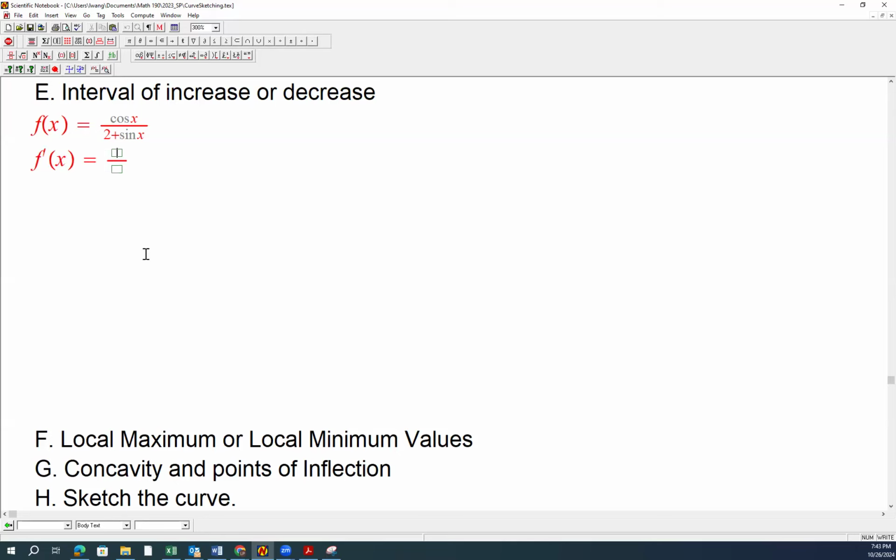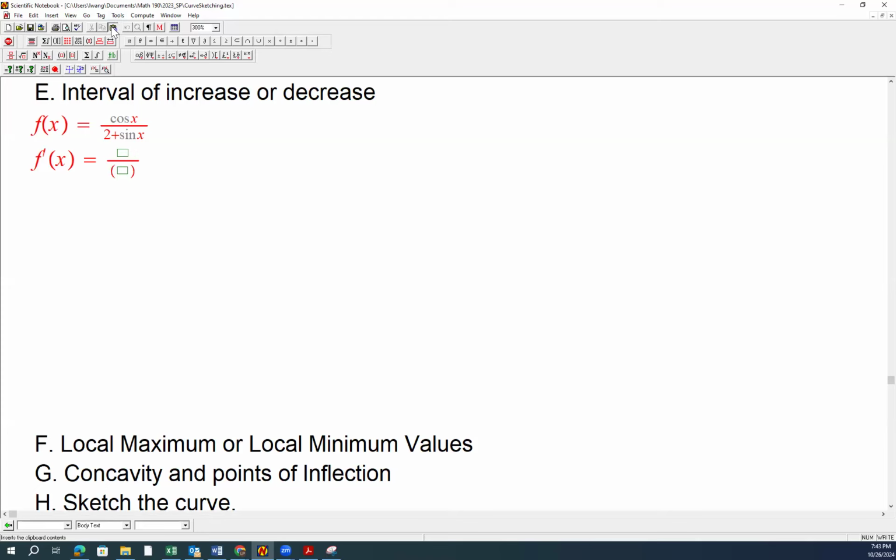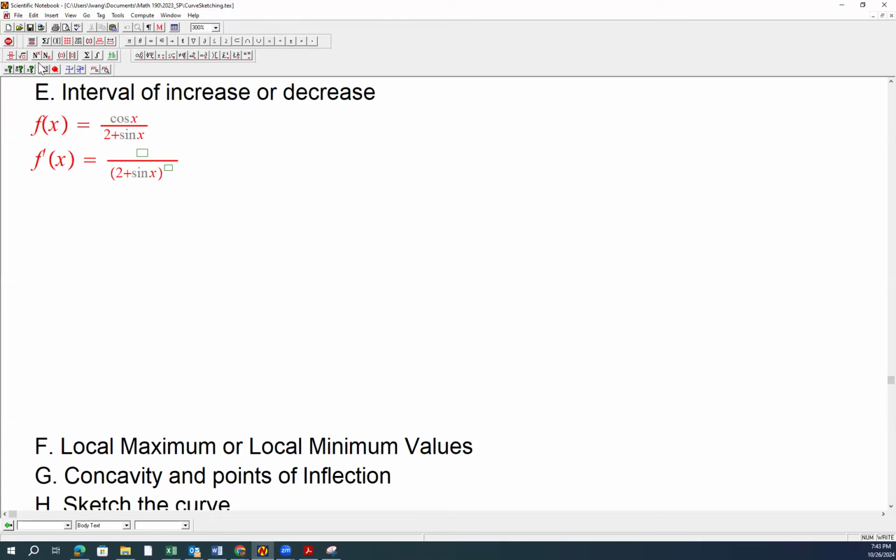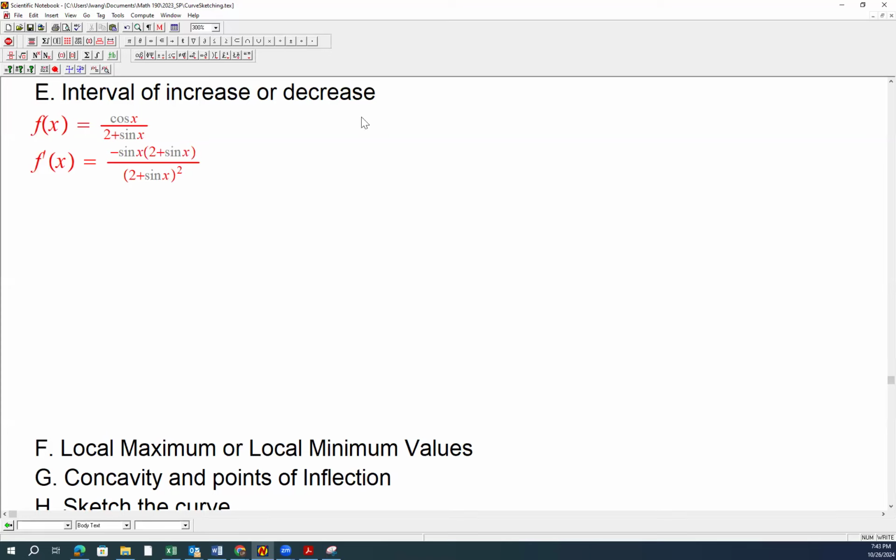Quotient rule. Okay. And so 2 plus sine x, squared. Differentiating cosine x gives negative sine x, multiplied, right? Subtracting, we're going to differentiate the denominator now. So we keep the cosine x, and differentiating the denominator gives us another cosine x.